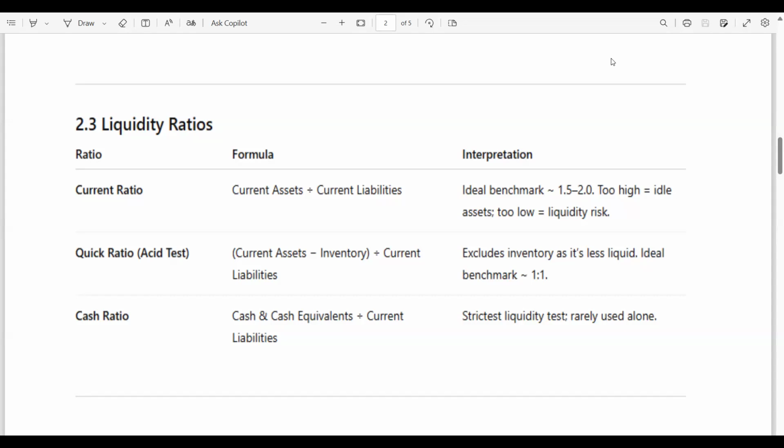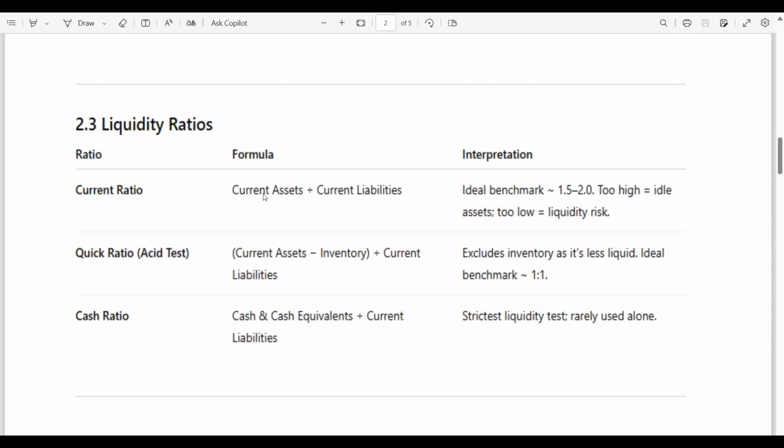Okay, let me tell you. What if your client is going to record it at lower of cost or NRV? Of course, there will be an NRV loss. And what if they record it at NRV? Don't you think their current assets will be lower than the last figure?